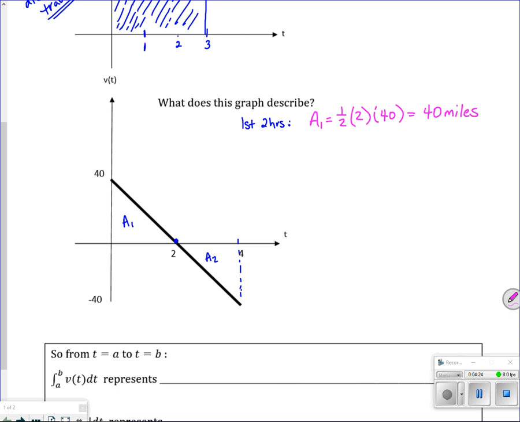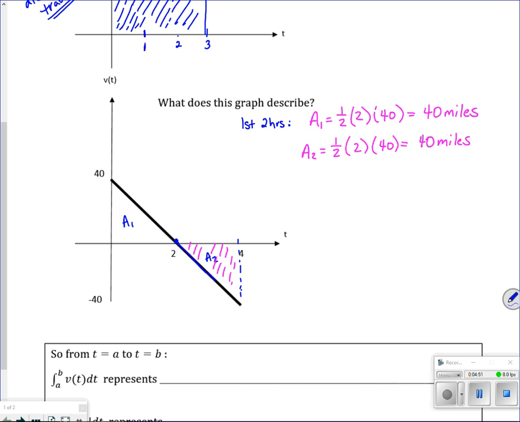Now, I don't really understand what this is, but for the sake of it, let's figure out what A2 is. If I just asked you the area of that triangle, it's also 1/2, the base is also 2, and the height is 40, so that's also 40 miles. But what does that mean?